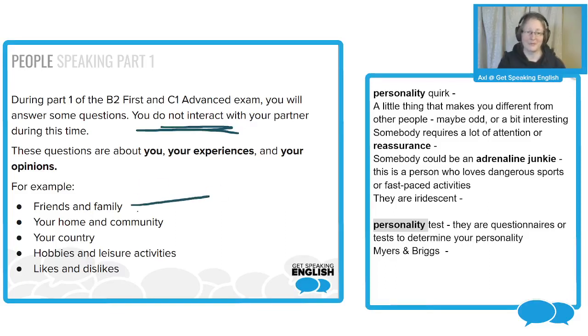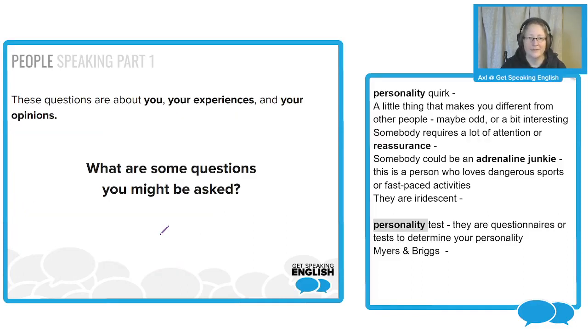So they're always going to be things you'll be able to talk about because they're just about you. For example, your friends and family, your home and your community, your country or the city you live in, hobbies, leisure activities, pastimes, things you like to do, your likes and dislikes. So, all about you, basically, and what you think in your life.